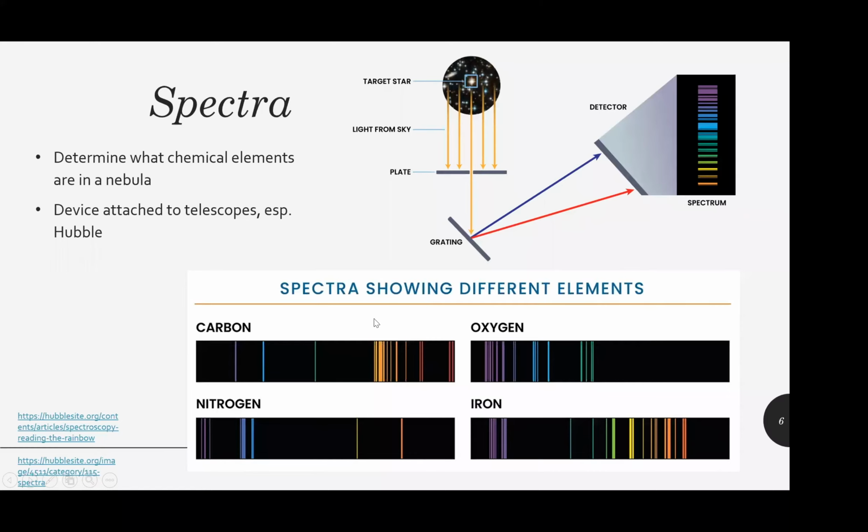And then the way we know what elements are present in an object is because we have done spectrographs with individual elements down here on Earth. So we know what bands are supposed to show up for what elements are present. So for example, nitrogen. The way spectroscopy works is atoms get excited by an incoming photon, an incoming particle of light.